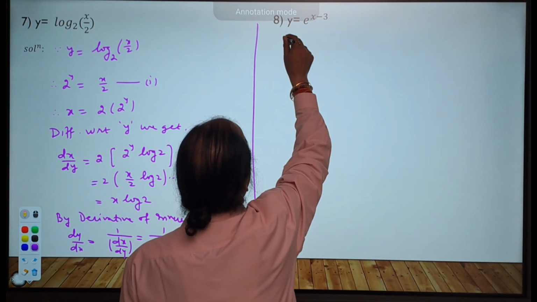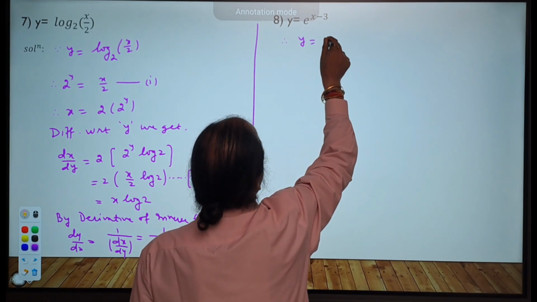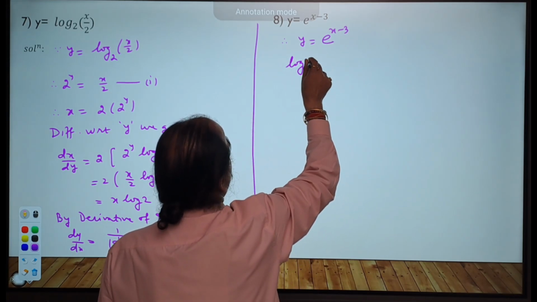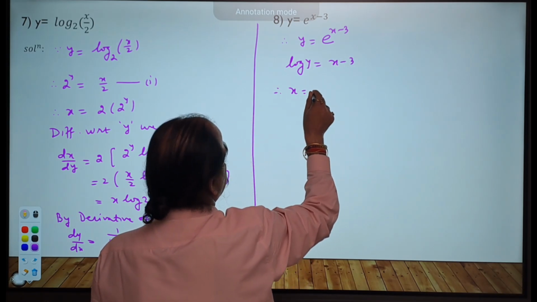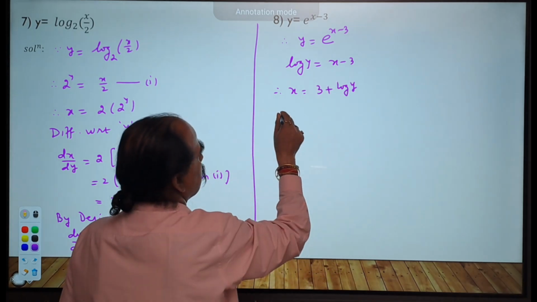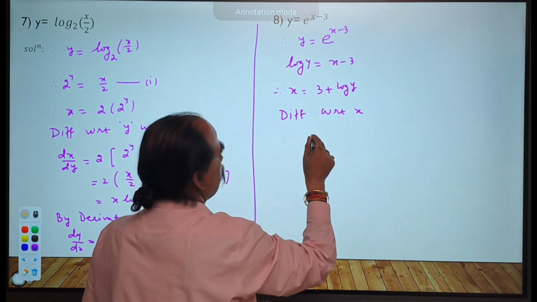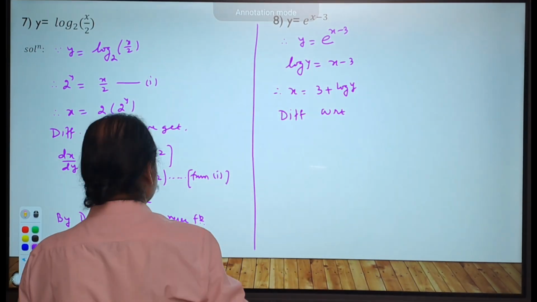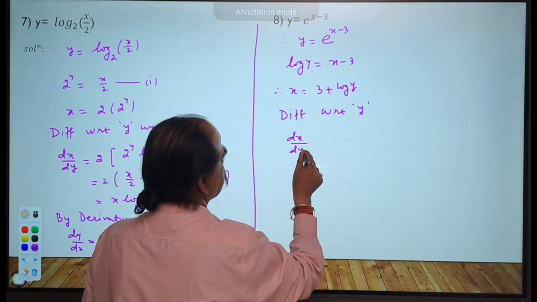Next is y is equal to e raised to x minus 3, so log y is what? x minus 3. x is 3 plus log y. Differentiating with respect to y, so derivative of x with respect to y is what?